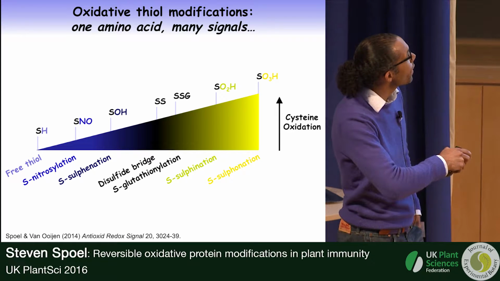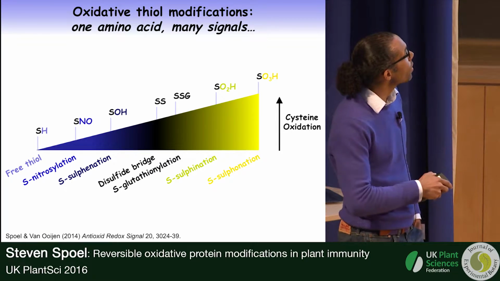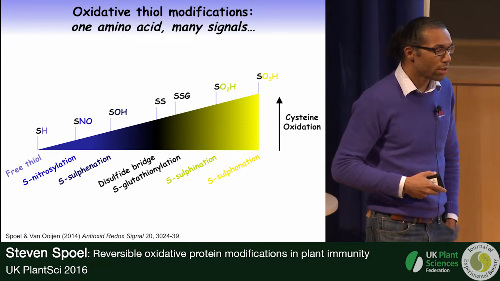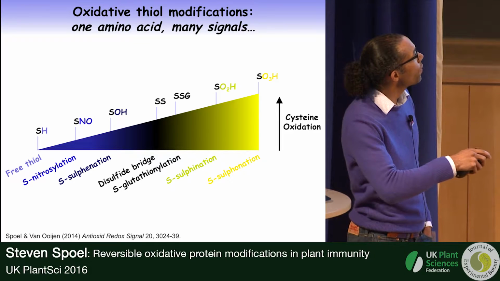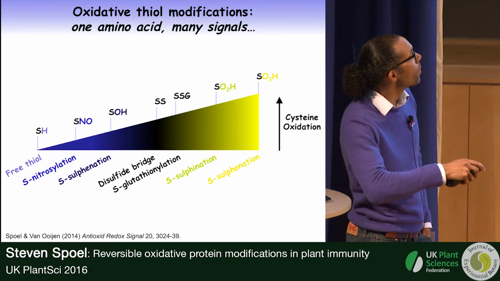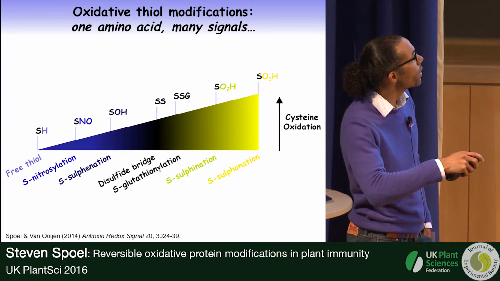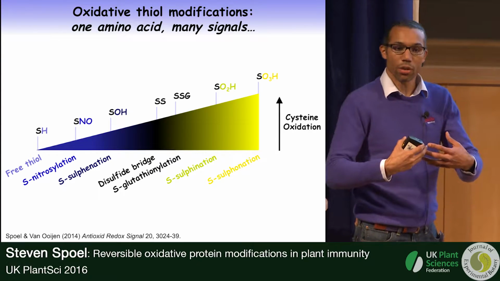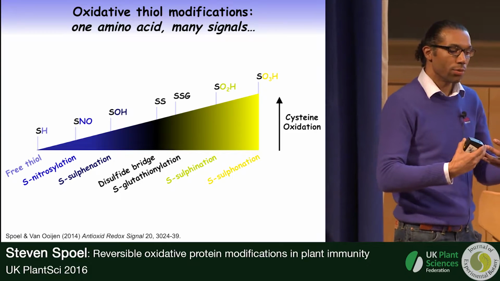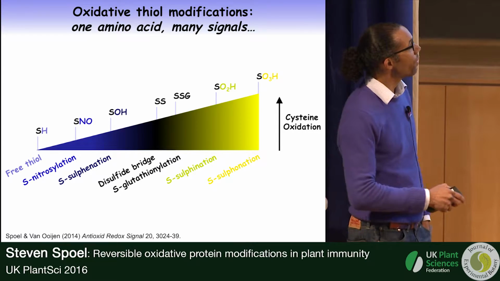And so we go through phases of, for instance, the addition of nitric oxide, which we call S-nitrosylation. I'll show you a little bit of this later in my talk. A higher oxidation state is S-sulfenylation, the addition of a hydroxyl group. You're most familiar, I'm sure, with the disulfide bridge, which sits somewhere over here in the ladder, together with S-glutathionylation, where you add a glutathione directly to the cysteine residue, which is essentially also a disulfide bond.